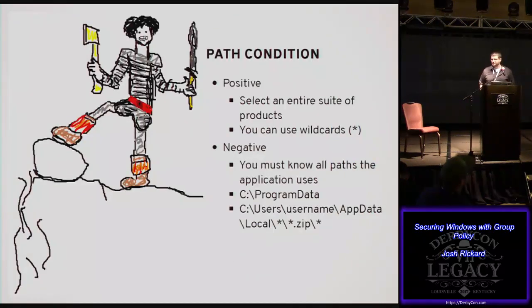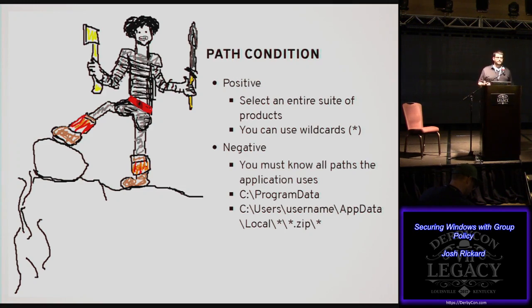So we have path condition. This is where it becomes powerful. You can actually select a full path. And you can say, all right, anything in this path, anything in program data, anything in program files, but you can actually specify zip files, right? Why would an EXE need to be in local app data?